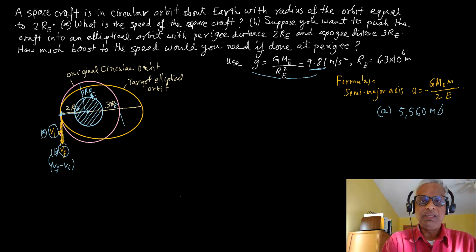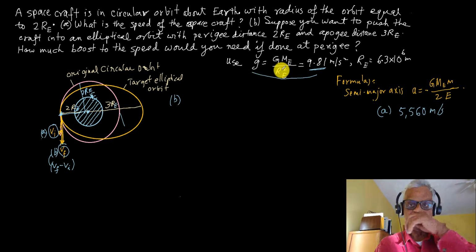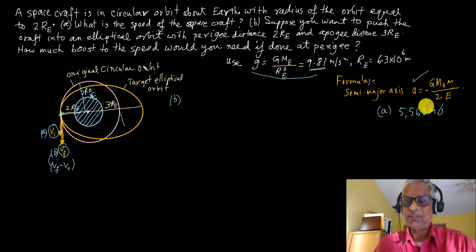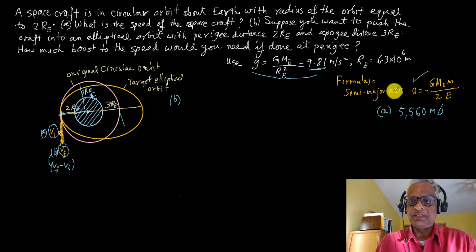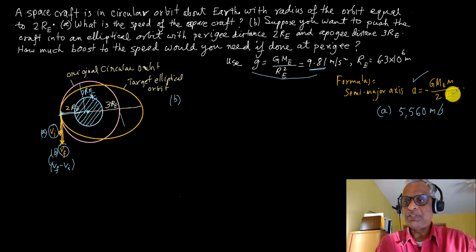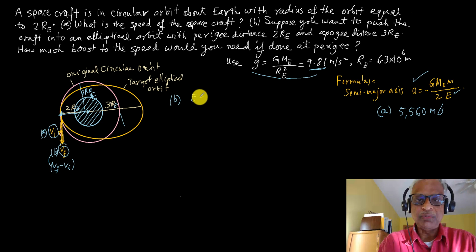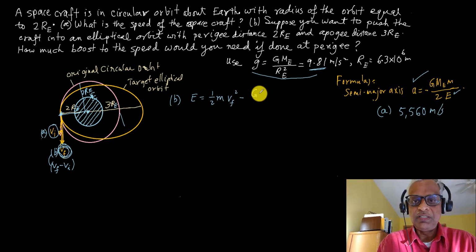Okay, to do B, we've already been given a formula that relates the semi-major axis of an elliptical orbit with energy in this fashion. We know energy will be equal to half m vf squared minus G M m over, at this point, 2re from the center.